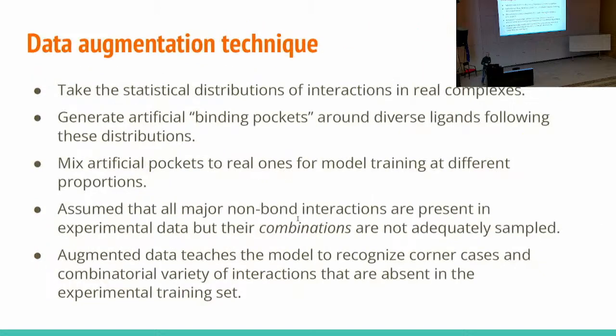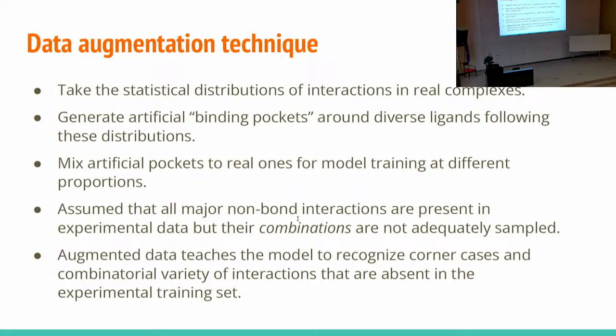And in order to overcome this somehow, we are using data augmentation techniques. So the idea here is to take the statistical distribution of interaction in the real protein ligand complexes and generate kind of artificial binding pockets around other ligands in such a way that these complexes follow the same statistical distributions. So by doing this, you can generate as many as you want.